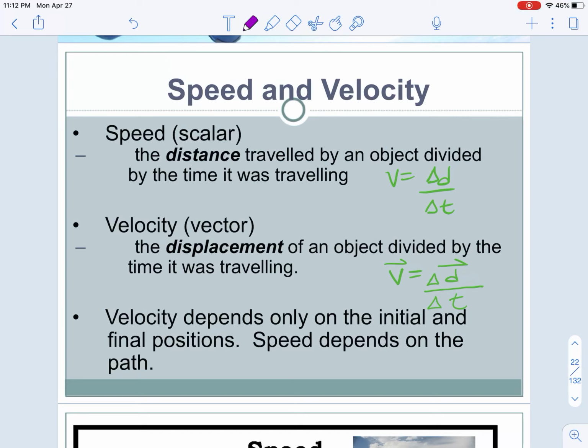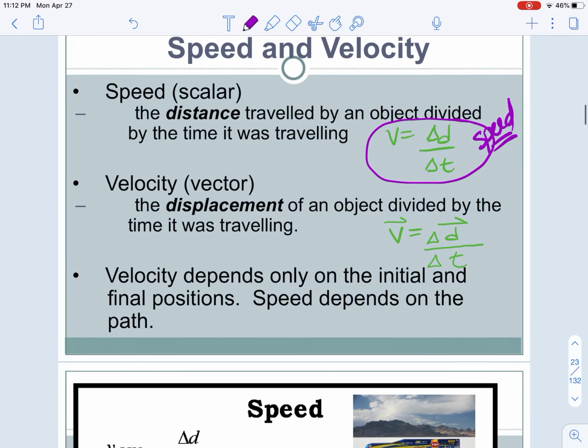But today's lesson is more about velocity, and the formula for velocity, that's simply distance over time, which would be the scalar quantity that we might call speed.